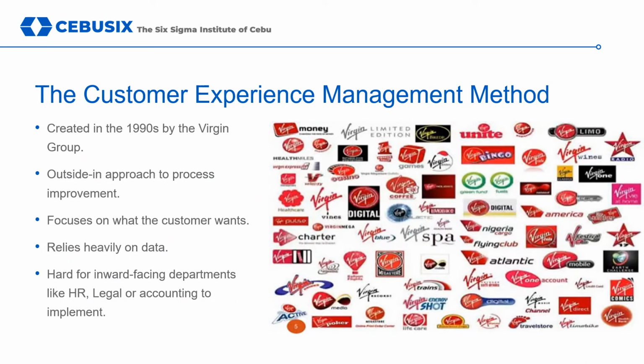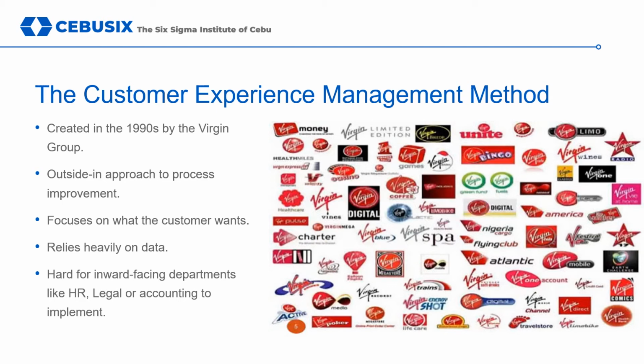Customer experience management combines some process improvement tools with customer relations management. It was developed in the 1990s by the Virgin Group and became popular throughout the 90s and early part of the 21st century. The customer experience management method takes an outside-in approach to process improvement, focusing on what the customer wants or needs and how each process in an organization serves that need.